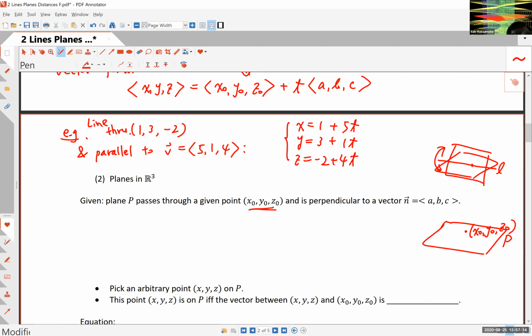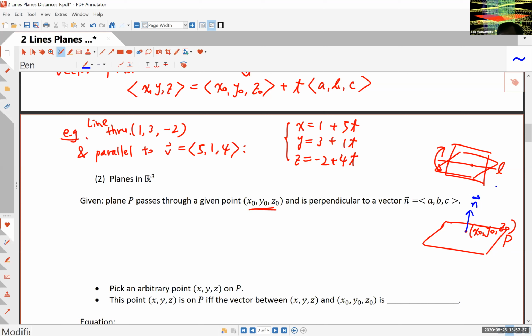What does give you a unique plane is a point and a vector perpendicular to it. We call this a vector n because it is called a normal vector. The word normal means all sorts of things in mathematics depending on your context. But in this case, the word normal means perpendicular to the plane. So this vector is called a normal vector.